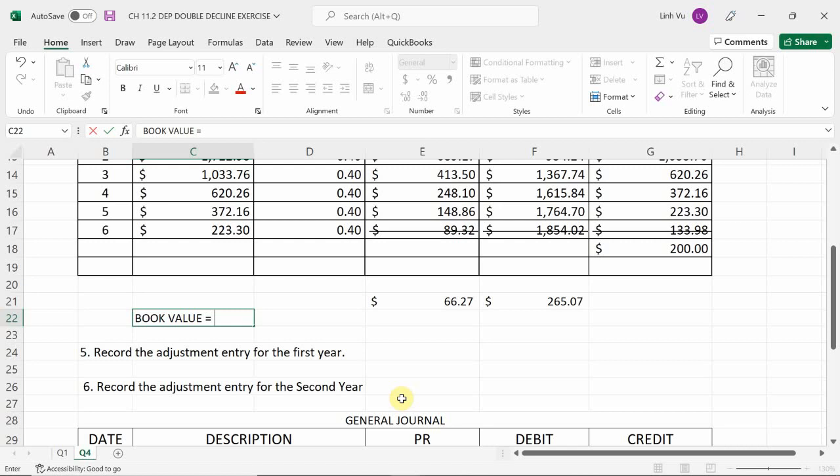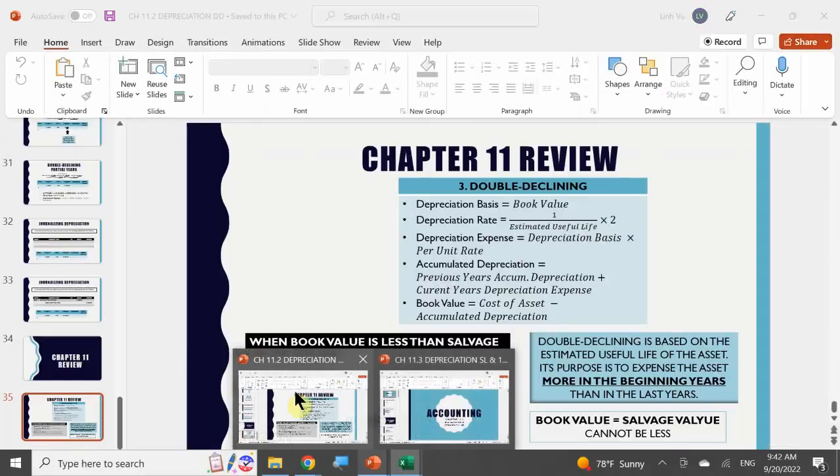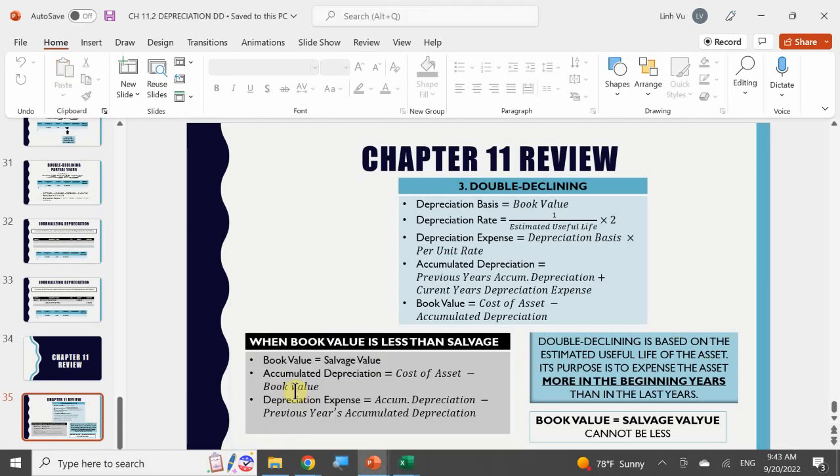How do I determine my book value? What's my formula? How do I solve for book value? I'm sorry, I didn't write that down. Okay, how do you solve for book value?